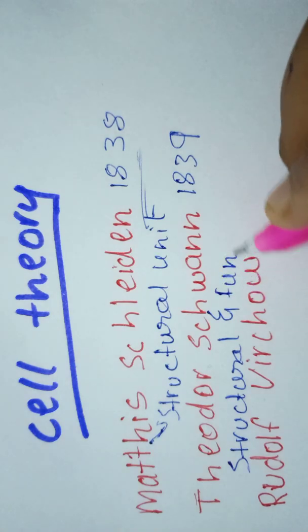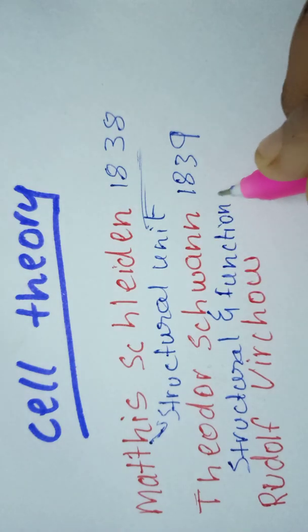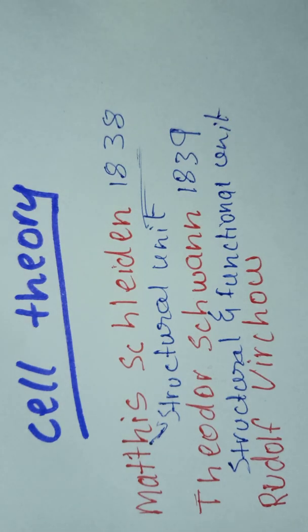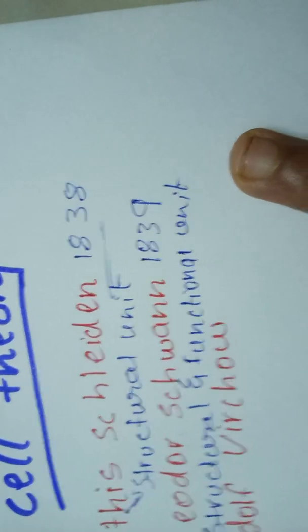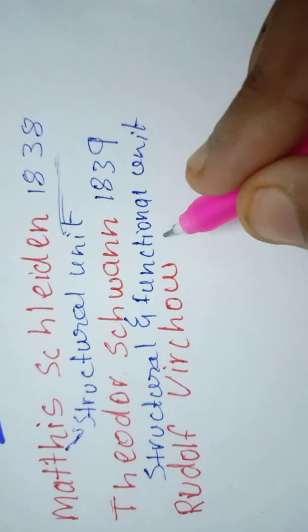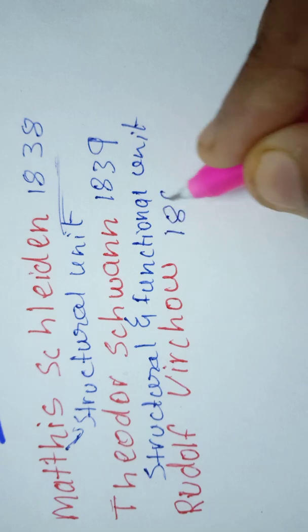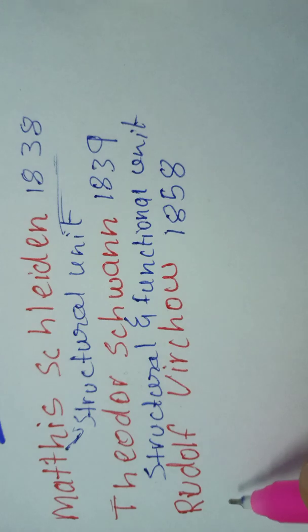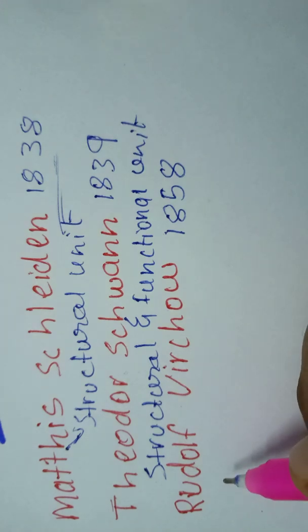He said the cell is both structural and functional unit. Then at last came Rudolf Virchow. In the year 1858, he said that a cell arises from a pre-existing cell.